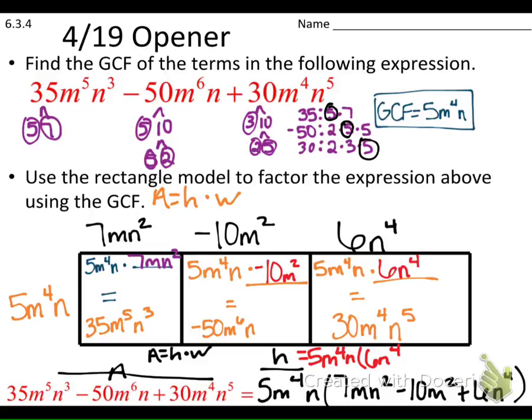So we would have 1, 2, 3 here, and then we would have 1, 2 here. So which one has the next largest amount of exponents? 7. Yep, very good. Plus 7m squared. And then we would have minus 10m squared. Close my parentheses and box my answer.